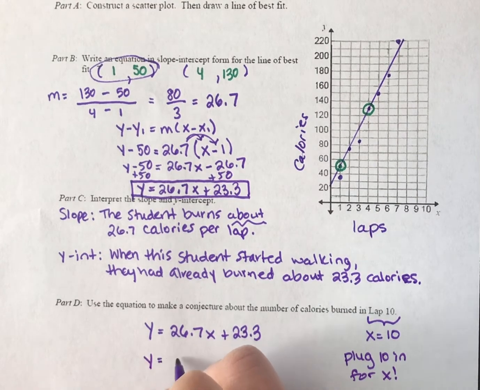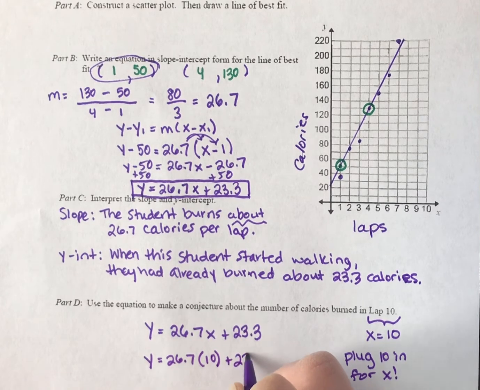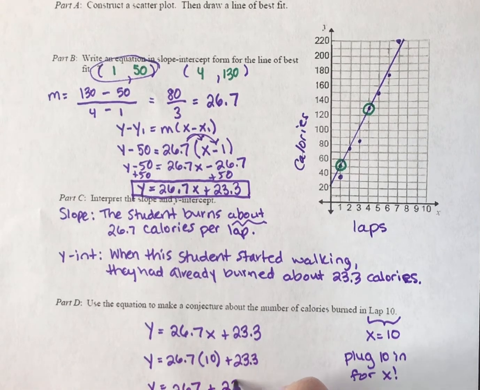And I'm just going to simplify. So 26.7 times 10 plus 23.3. Okay, 26.7 times 10 is 267 plus 23.3. So 267 plus 23.3 gives me about 290.3.